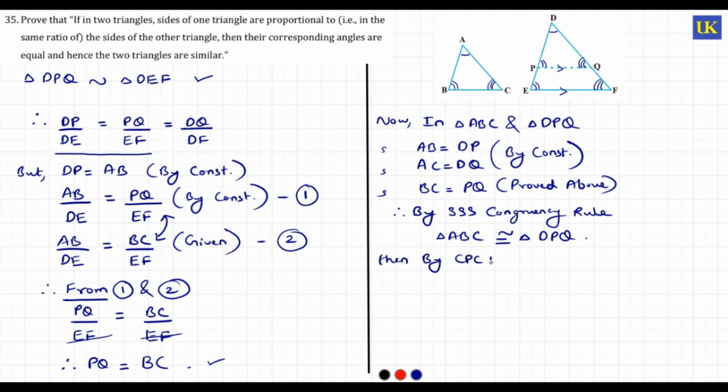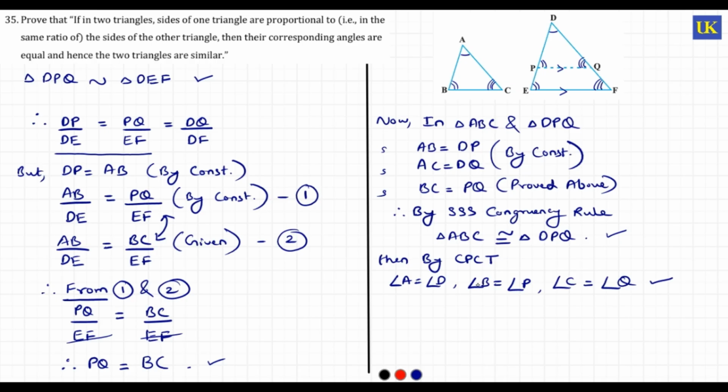Then by CPCT, we can say that angle A is equal to angle D, angle B is equal to angle P, and angle C is equal to angle Q. This is by CPCT because once we prove that both the triangles are congruent, we can say that the remaining things are equal.